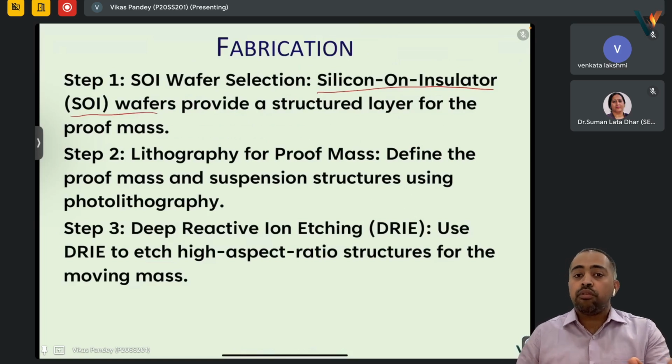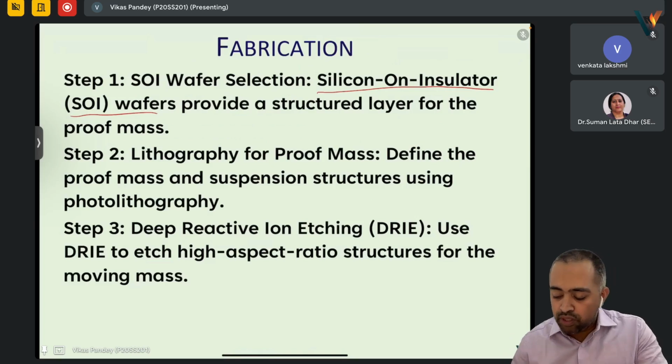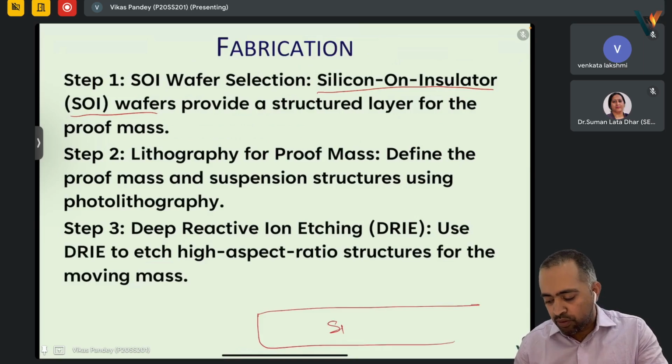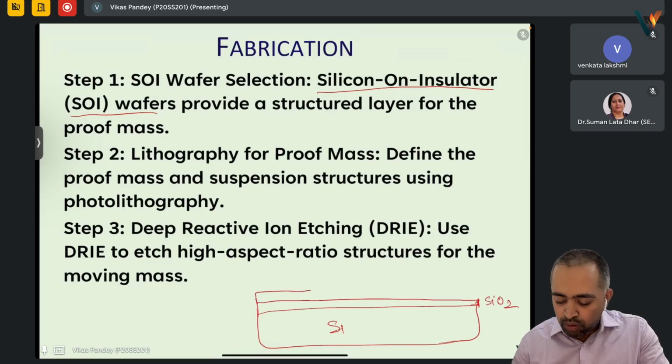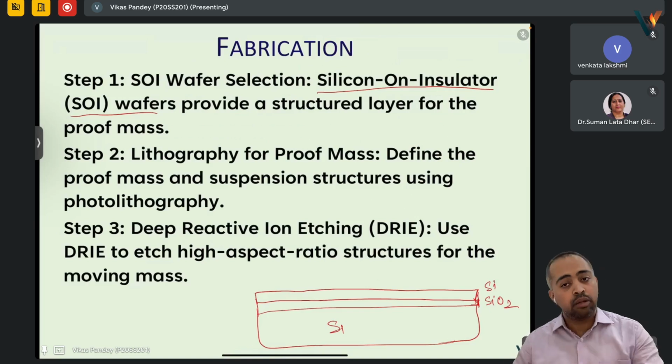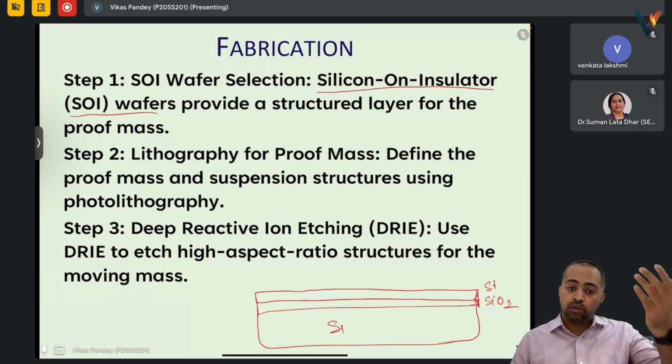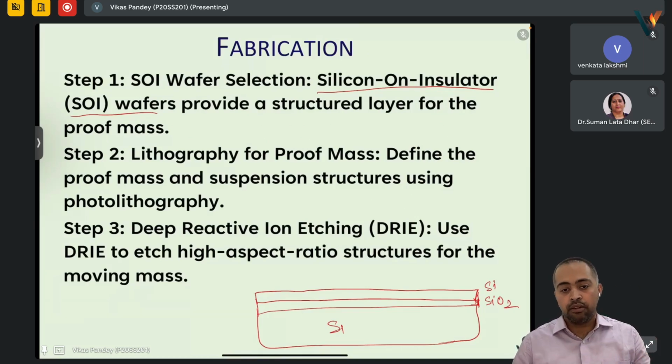This is a very new and growing field of semiconductor fabrication, in which we have silicon below, then a layer of SiO2, then on top of it again silicon. And here, unlike the polysilicon I was talking about, the silicon on the top and bottom are both crystalline.